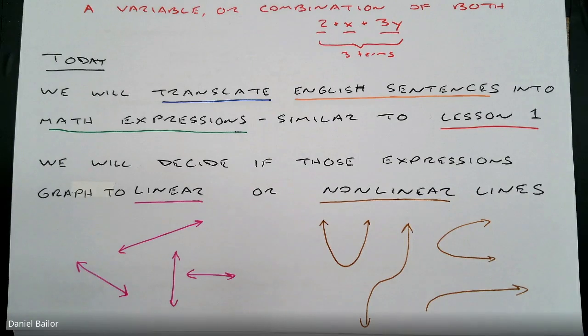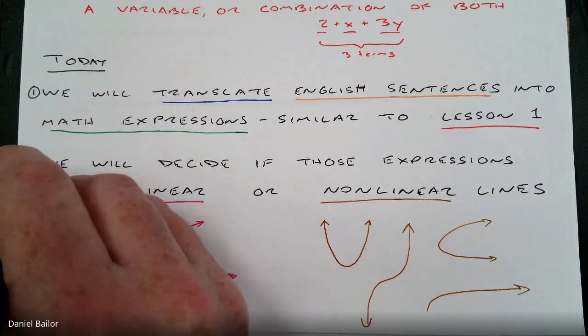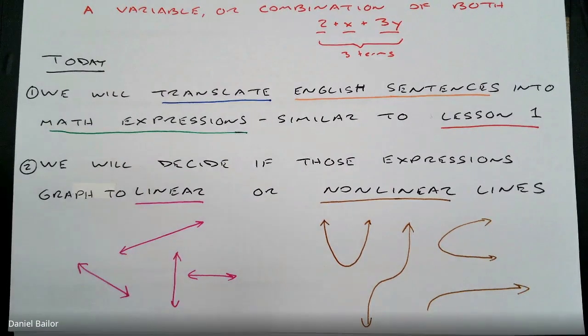The first thing we're going to do is translate. Then after we translate, we will decide if those expressions graph to linear or nonlinear lines.